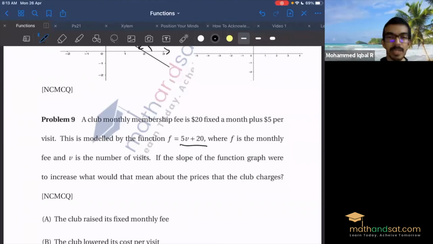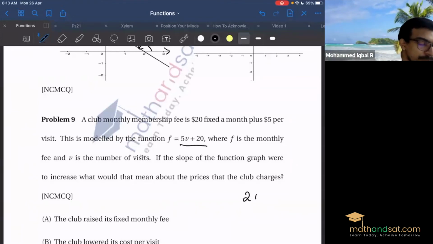The fee is $20 fixed cost plus 5 times V. If you're visiting one time, there will be a fixed cost of $20 plus $5. If you're visiting 2 times, it will be 20 plus 2 times 5.